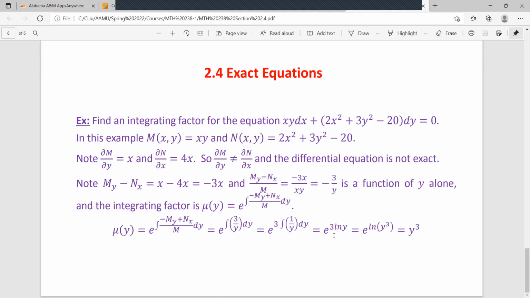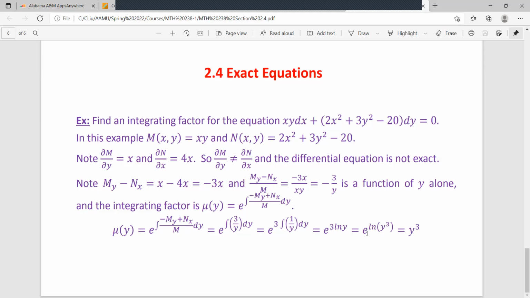So we got e to the 3 times the natural log of y, and you can rewrite this exponent as natural log of y cubed, using the properties of logarithms. So this 3 becomes the exponent for the y argument of the logarithm.